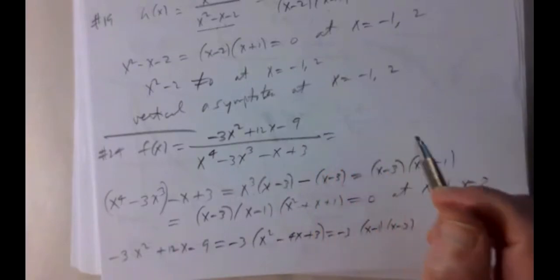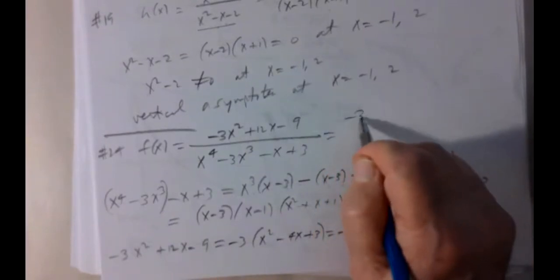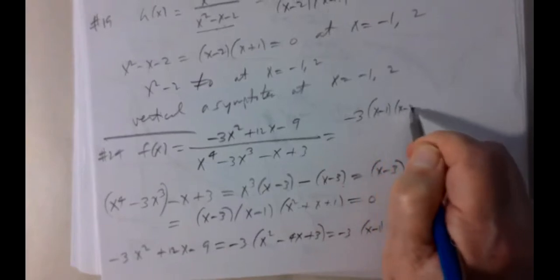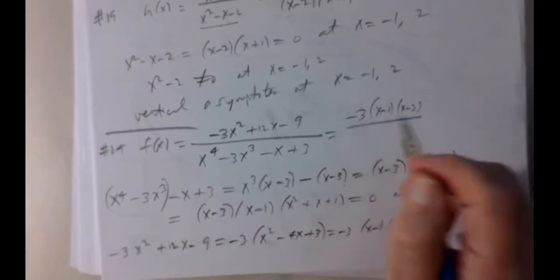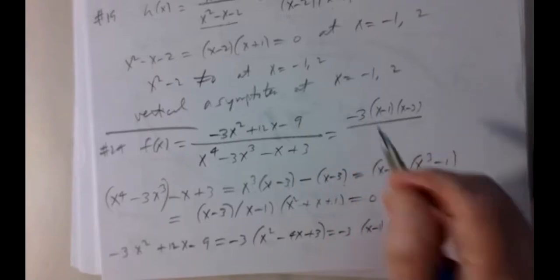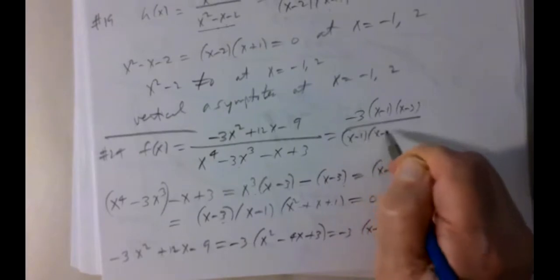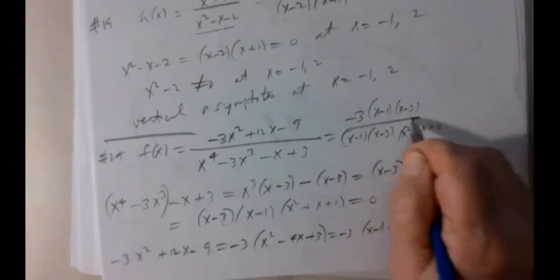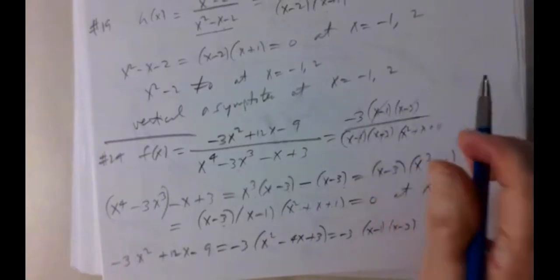So this function is really equal to minus 3 times x minus 1 times x minus 3 over this x minus 1 times x minus 3 times x squared plus x plus 1. And these cancel. So this function just turns out to be minus 3 over x squared plus x plus 1.